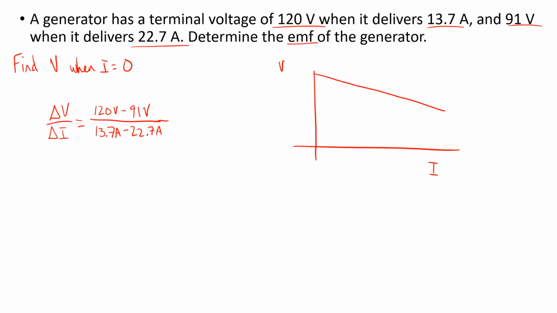So that'll basically give us how much voltage change we get for each unit of current change. And it's also going to be the negative of the slope of the graph.